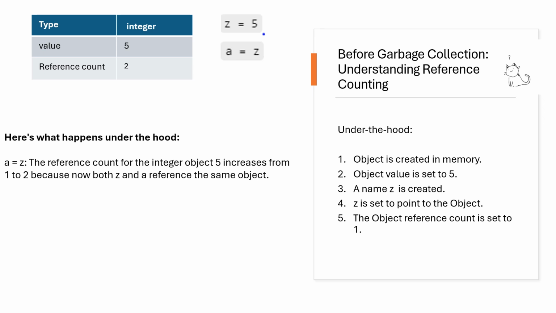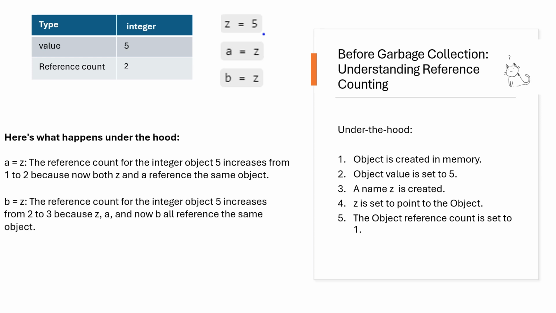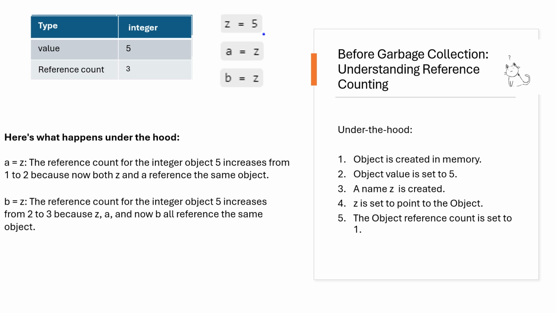Similarly, if I assign b equals z, the reference count goes up to 3. Because now, 3 variables, z, a, and b, are all pointing to the same object. This helps Python manage memory efficiently by avoiding the creation of unnecessary duplicates.